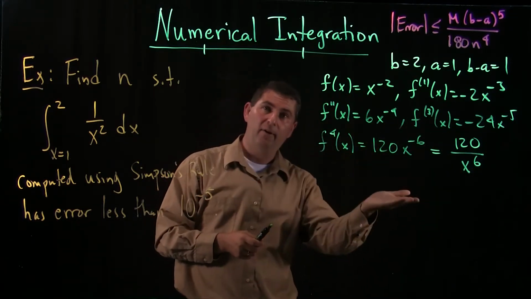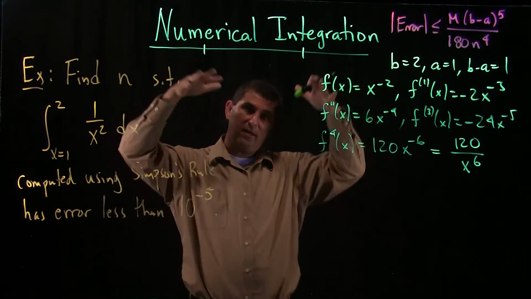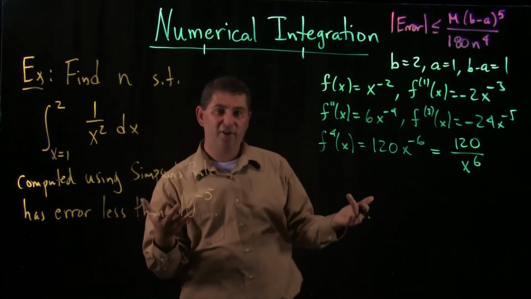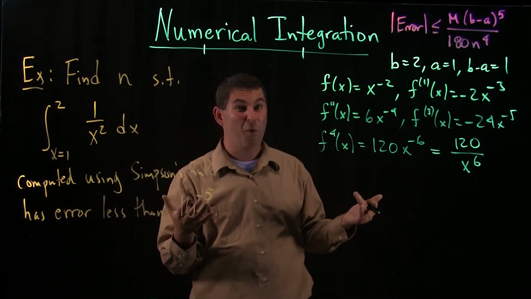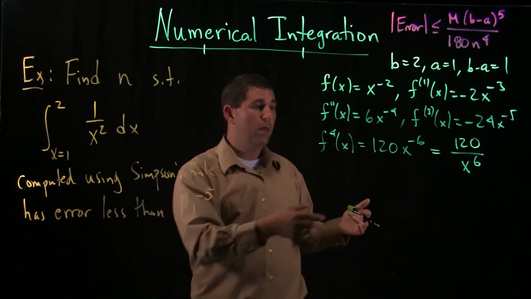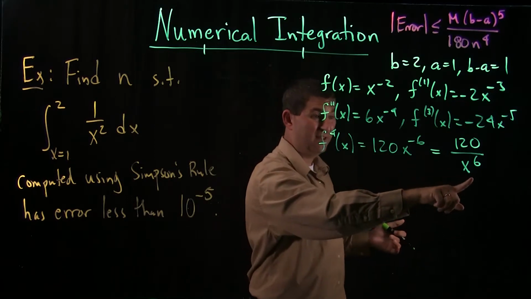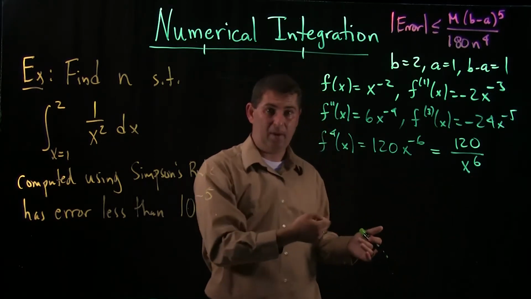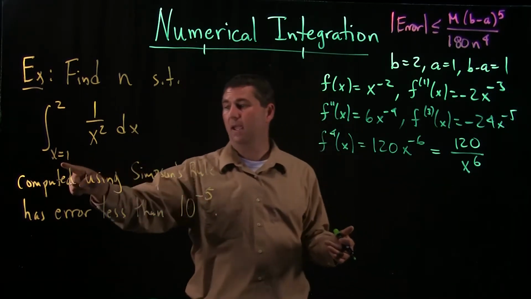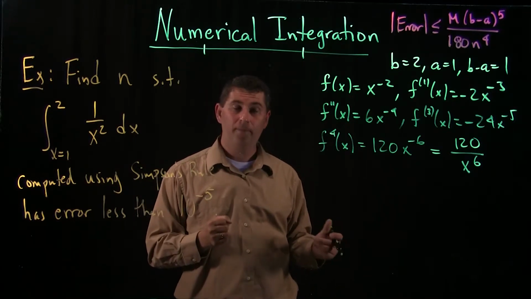As the denominator gets bigger, the fraction gets smaller. If the fraction is getting smaller, you're definitely not getting more maximal. So if we want this to be as big as possible, we want the denominator to be as small as possible. And the smallest we can make it is when x is equal to 1.